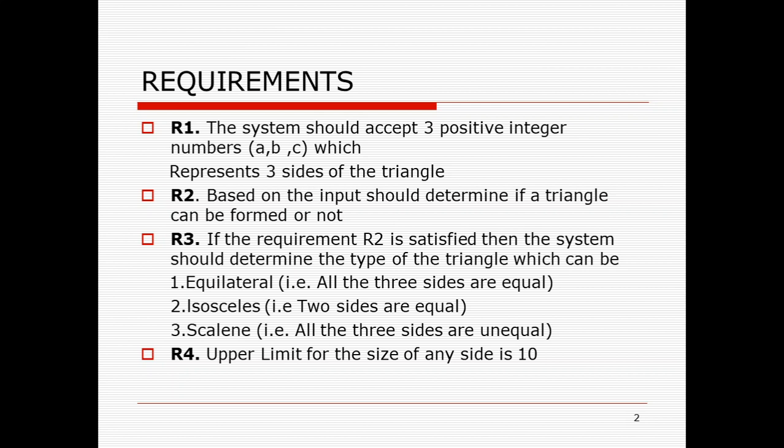R3 is to identify, if the triangle can be formed, whether it is equilateral, isosceles, or scalene. Here we are limiting the boundary between 0 and 10, so the upper limit for the size of any side of the triangle is 10.